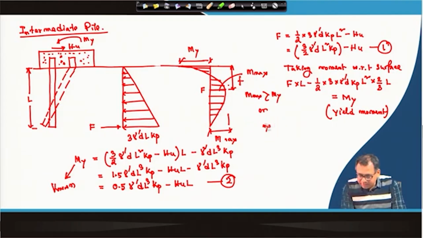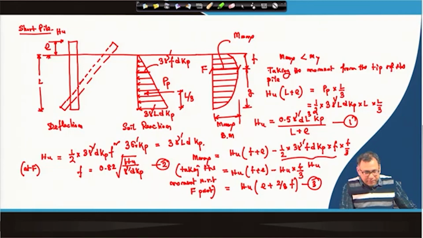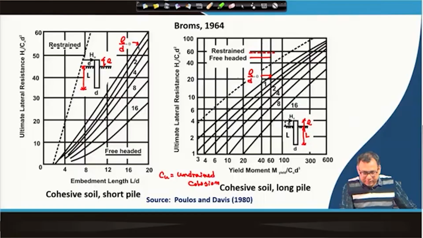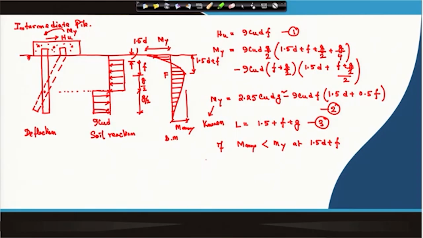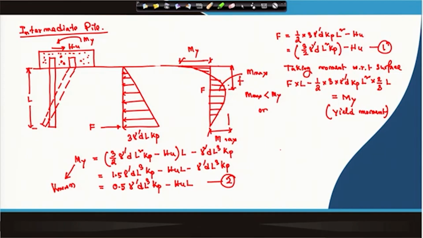For the intermediate piles, M max should be less than M y. Here also, M max should be less than M y, then it is an intermediate pile.